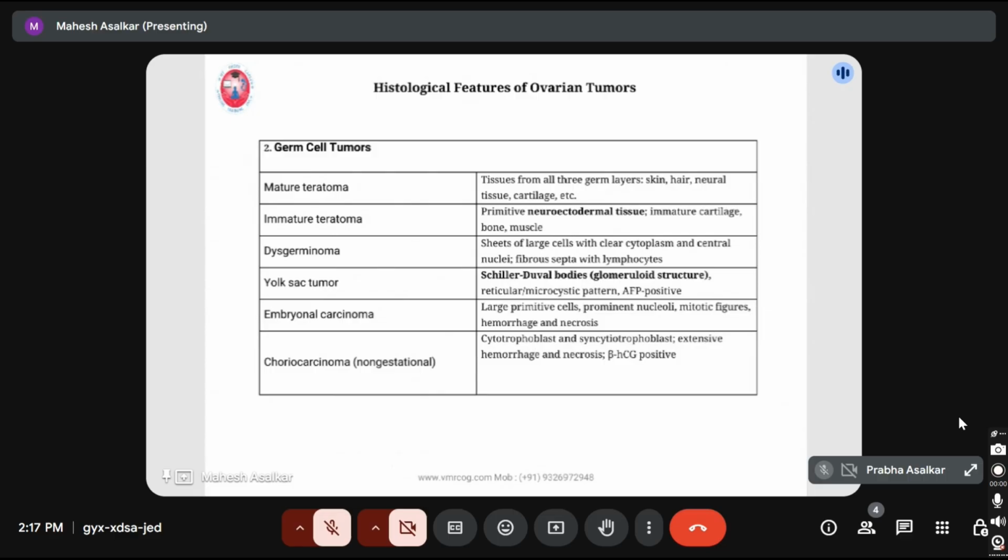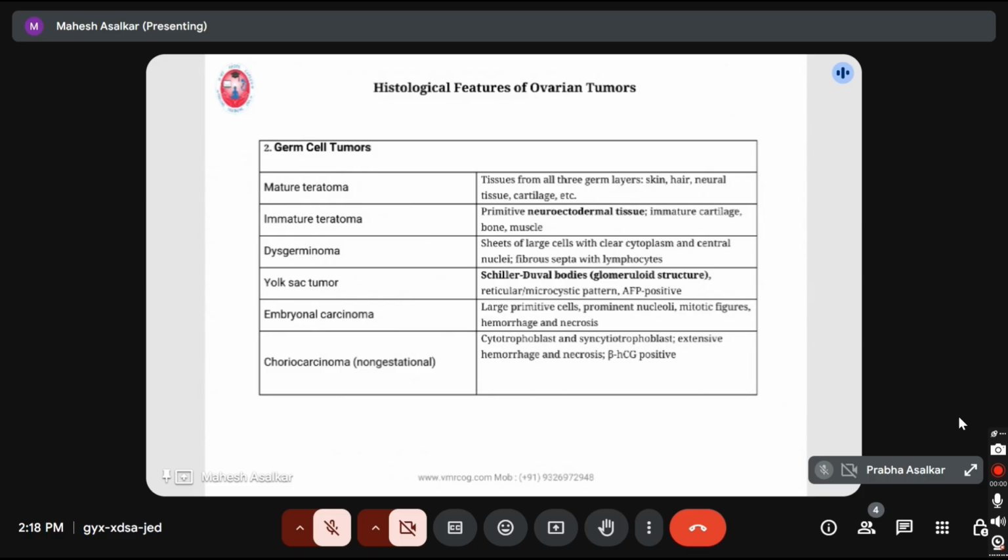The most important is the neuroectodermal tissue which is present in immature teratoma. Then dysgerminoma will have sheets of large cells with clear cytoplasm, central nuclei, fibrous septa with lymphocytes. The next important is yolk sac tumor, which is characterized by the presence of Schiller-Duval bodies. These are glomeruloid structures.